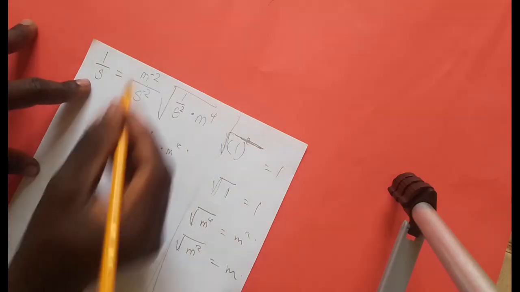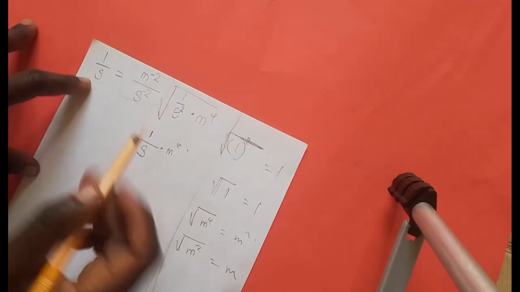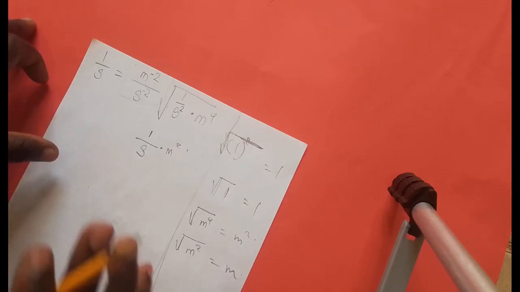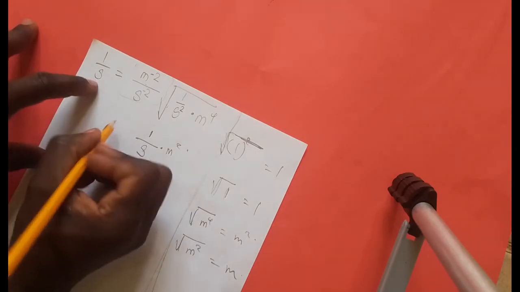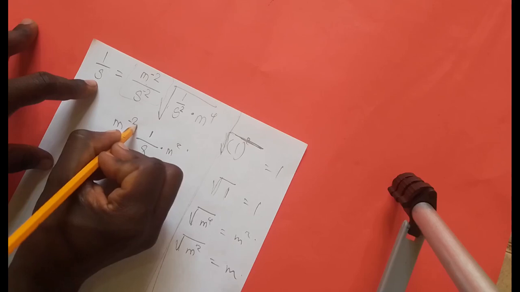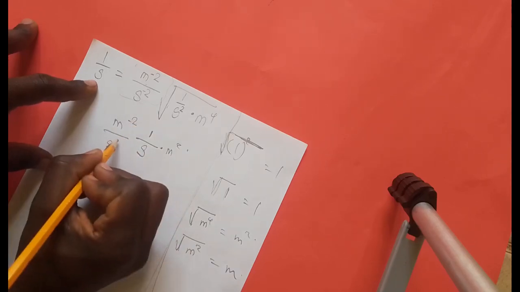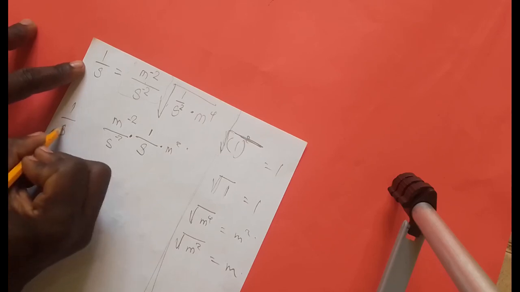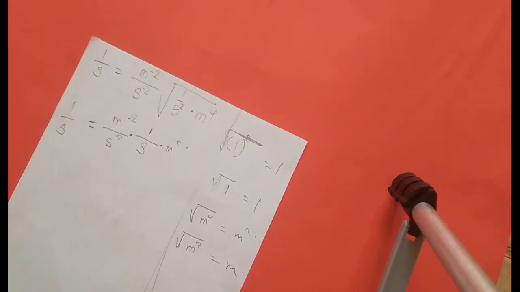And this term, we just bring this term down as it is. We have not simplified that term yet. So m to the power negative 2 over s to the power negative 2, multiplication, so 1 over s. The left hand side of the equation will remain exactly as it is, right?